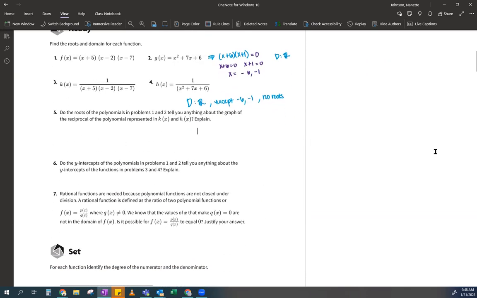Next question. It says, do the roots of the polynomials in problem 1 and 2, so problem 2, tell you anything about the graph of the reciprocal of the polynomial represented in h of x? So they're asking, did this help you figure this out? And the answer is yes, right? We talked about this a little bit.